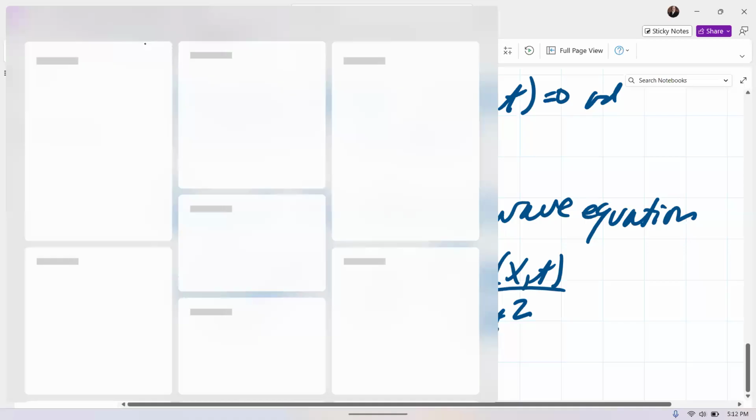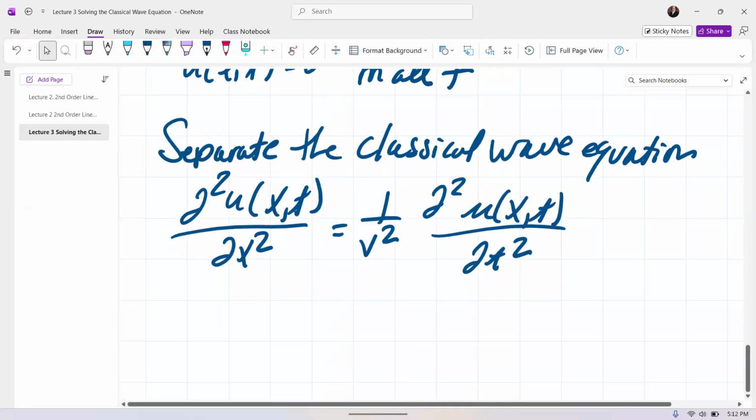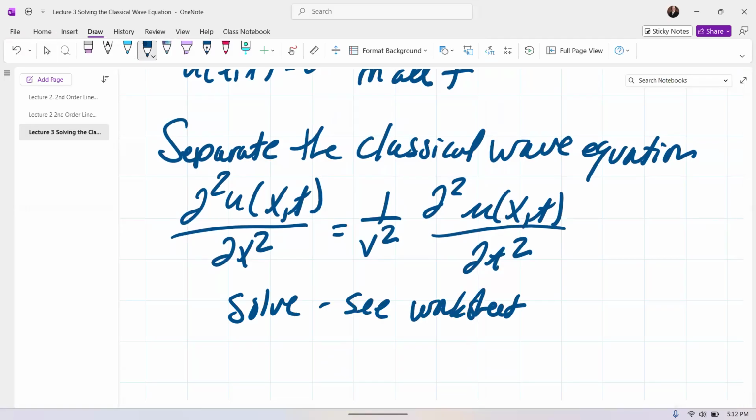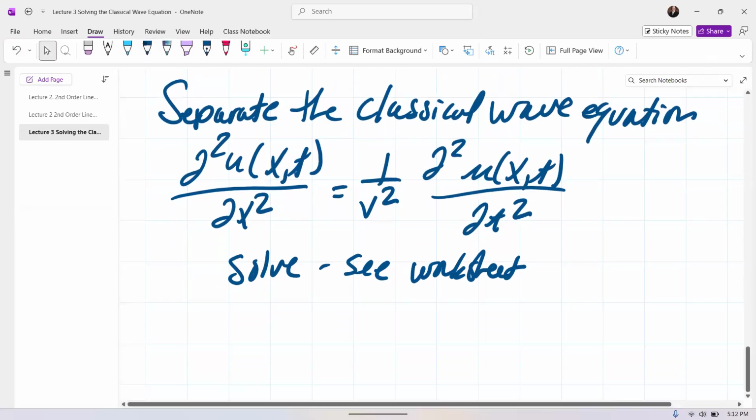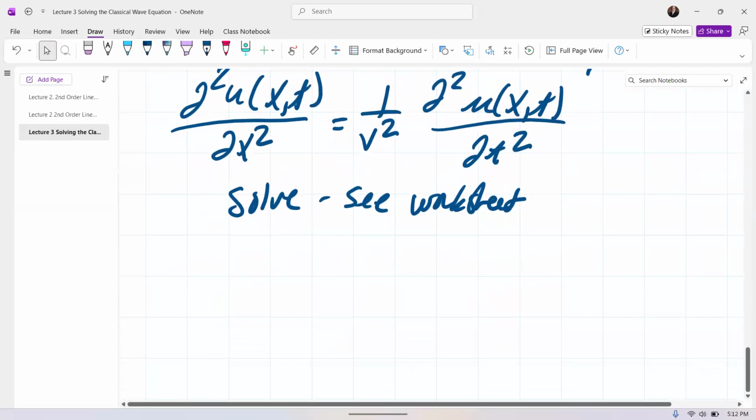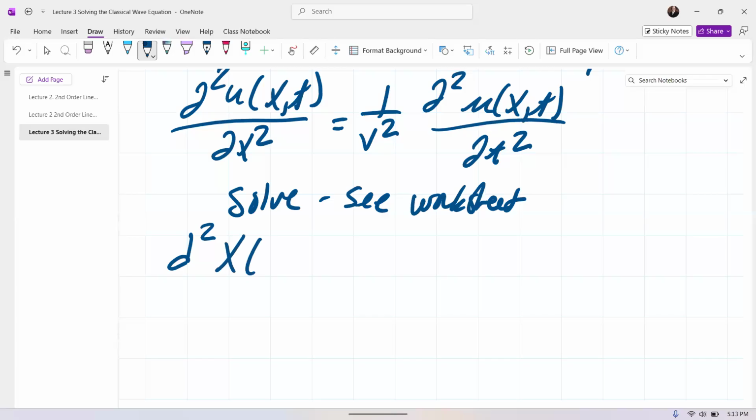Then you're going to solve, see the worksheet. So you can work through that. And I will tell you what we get out in the end, which should look very much like what we solved in the worksheet. So that's going to look like this. D squared, notice that it's a regular D, D squared, x of x.